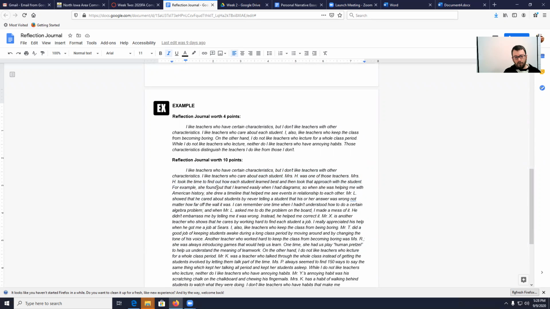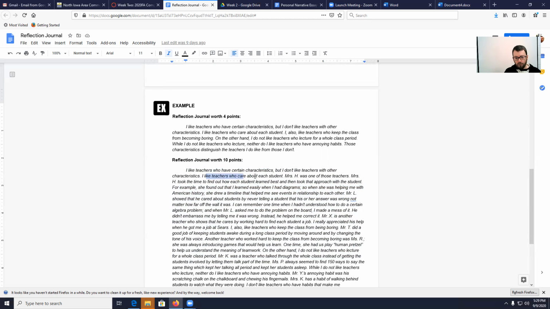For example, she found out that I learned easily when I had diagrams. So when she was helping me with American history, she drew a timeline that helped me see events in relation to one another. So very, very specific, a single kind of moment or a single kind of example of how Mrs. H cares about students.